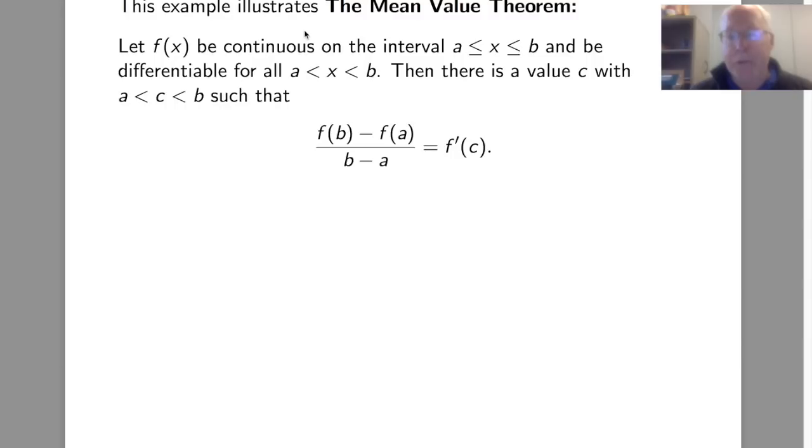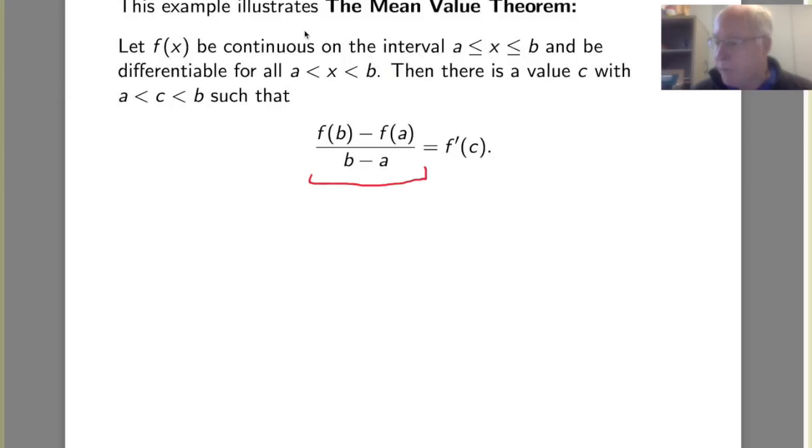If all this happens, then there is always a value of c somewhere between a and b so that the difference quotient, f of b minus f of a over b minus a, which is also the average rate of change or slope of the secant, will equal f prime of c.